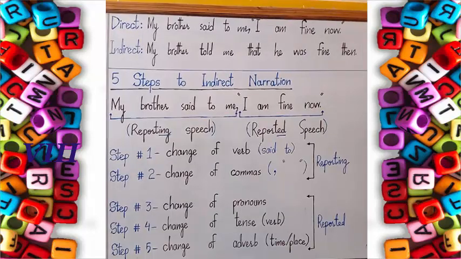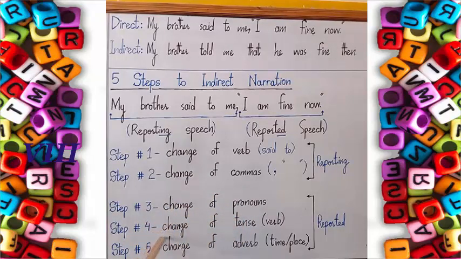So these are the 5 steps written on the board before you. Step number 1, change of verb, which means "said to." Change of verb is the first step. The second step is change of commas. The third step is change of pronouns.